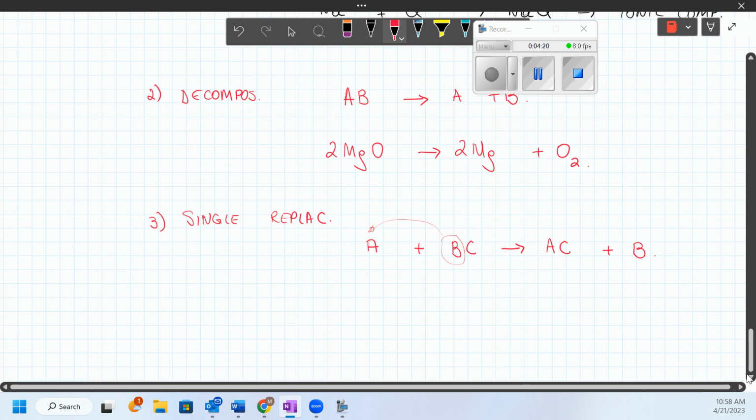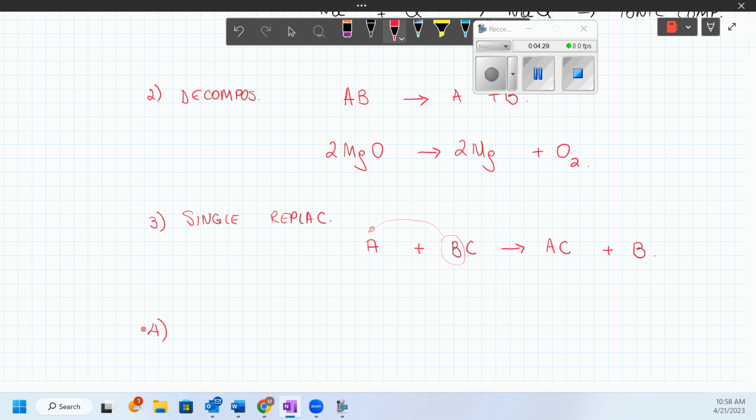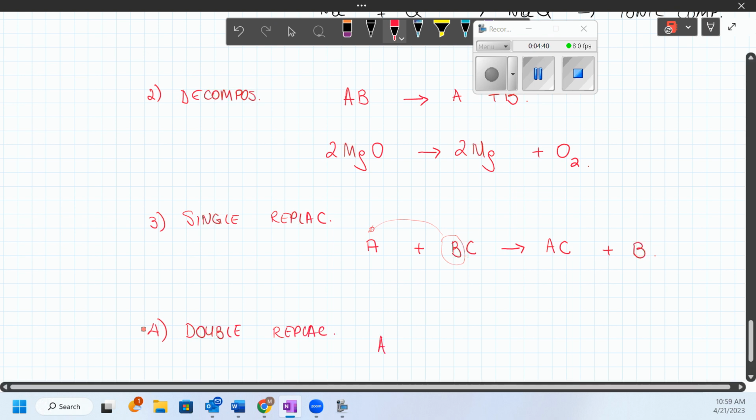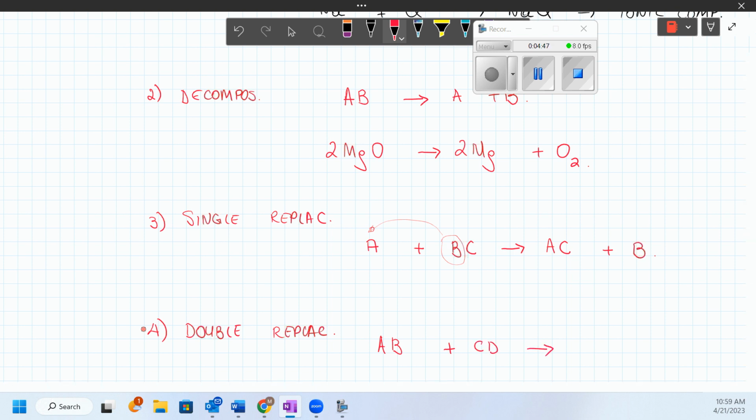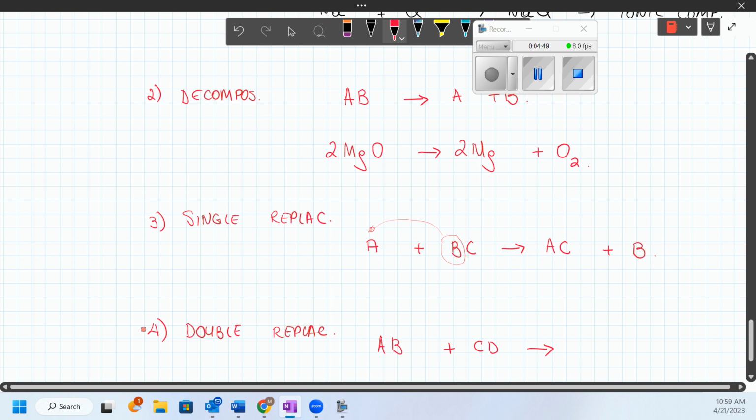Okay. When we are dealing with two compounds, then what you may see is known as the double replacement. And what is happening here is that with two compounds, let's say AB plus CD, the two metals are replacing each other.